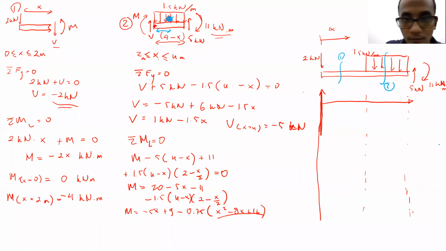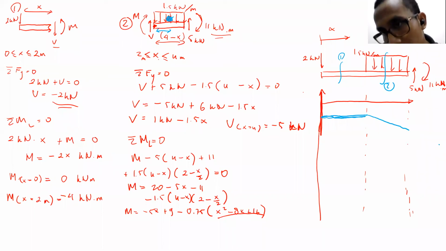The first one will be minus 2 kilonewton constant, and then it will be linear until it reaches minus 5.